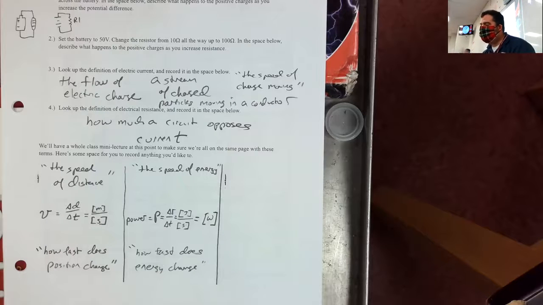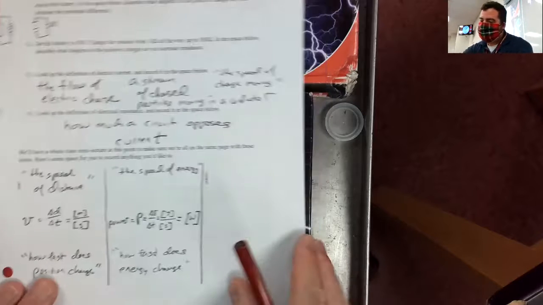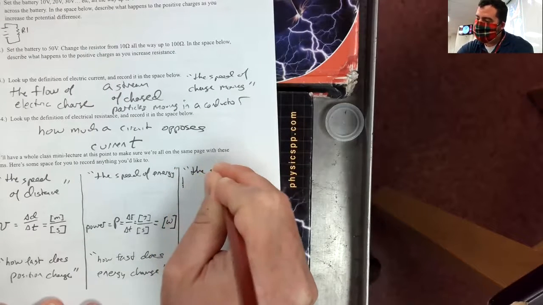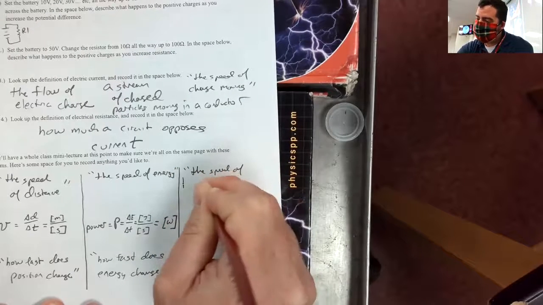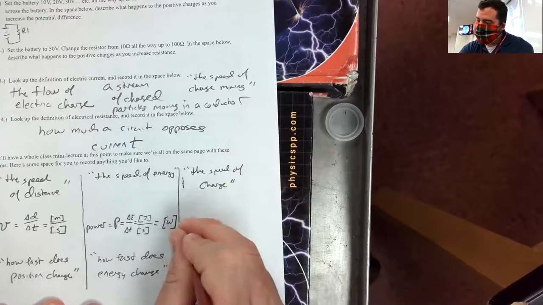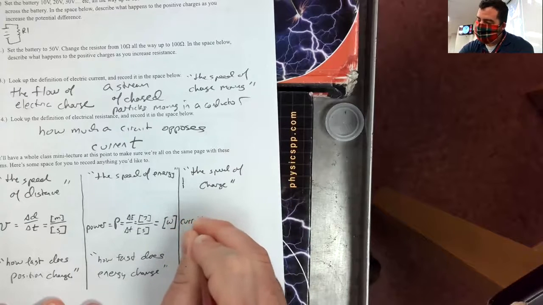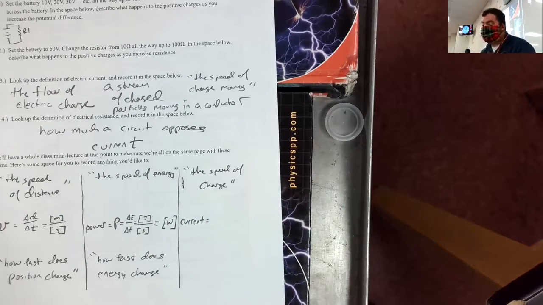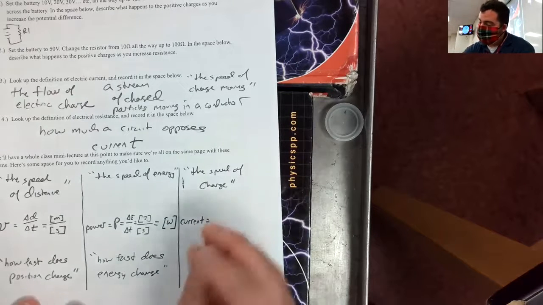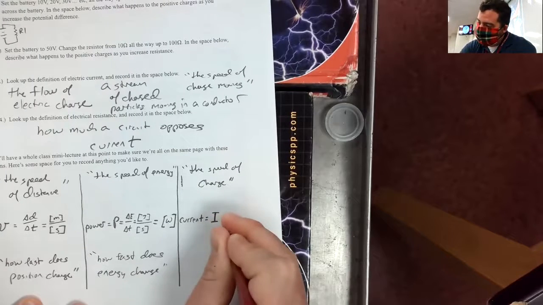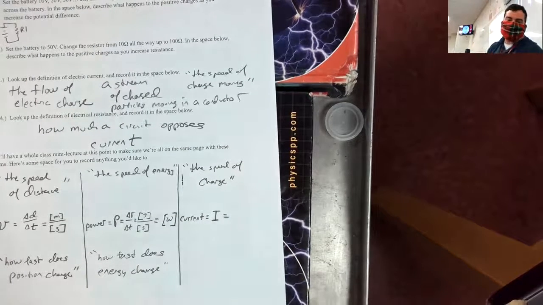So we're getting into this territory now when we talk about the speed of charge. And this is current. What do you guys think a nice letter for current would be? I'll tell you what's a really crappy letter, but the one we're going to use is I. I don't know why we use this letter.